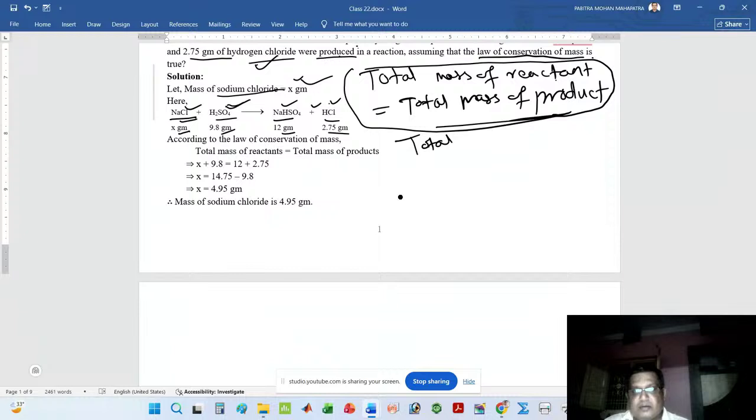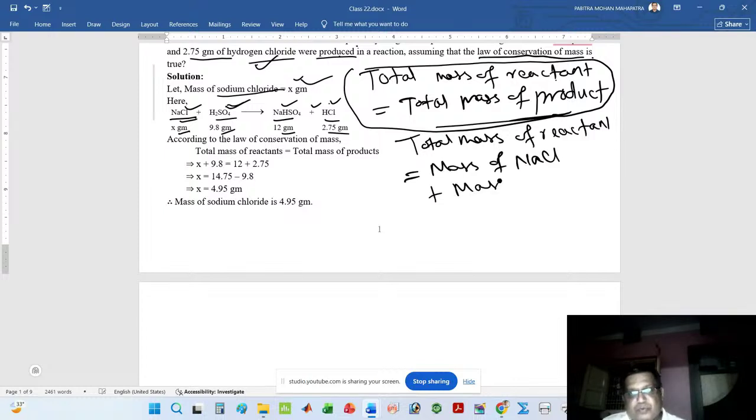So the total mass of the reactant means mass of NaCl plus mass of H2SO4. According to the law of conservation of mass, total mass of the reactant is equal to total mass of the product.